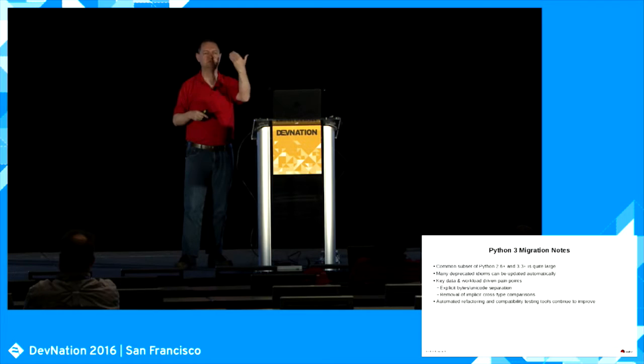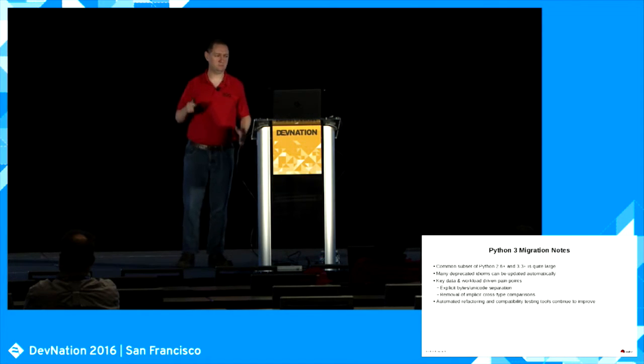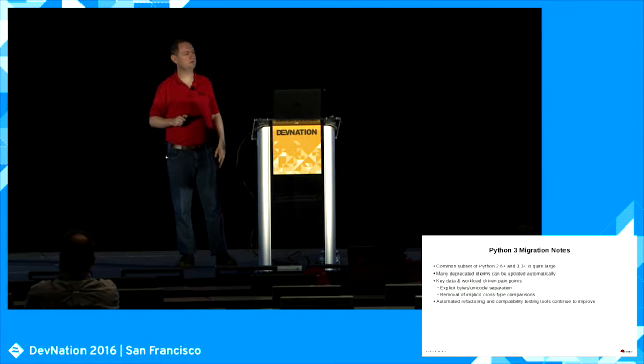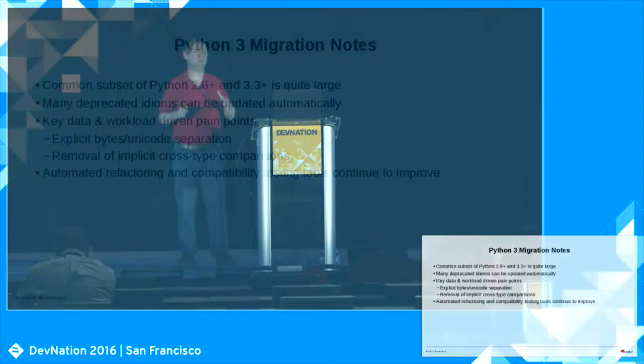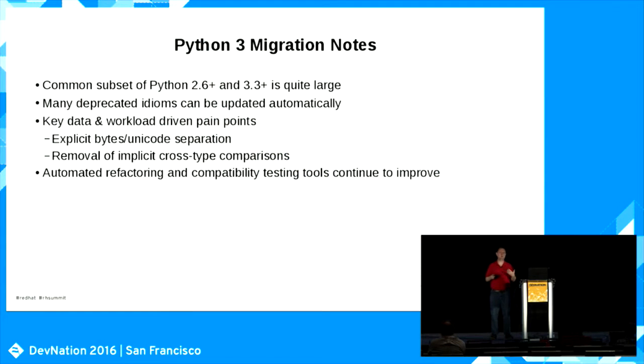And then incrementally work your way through your code base, bringing it up to modern Python 2.3 subset code. There are a couple of pain points that really are dependent on your particular data set and your particular workload, and current static analysis tools don't help too much in picking them out.